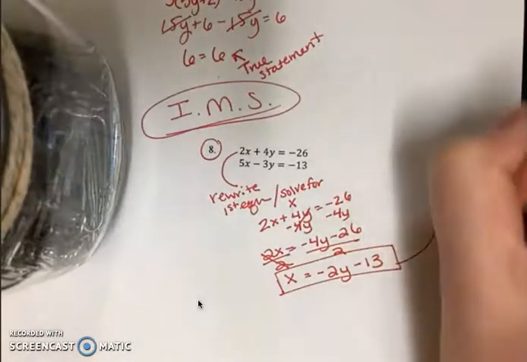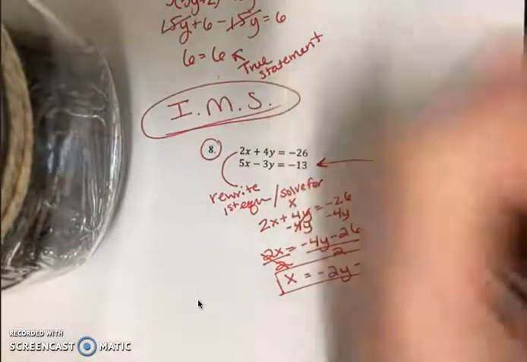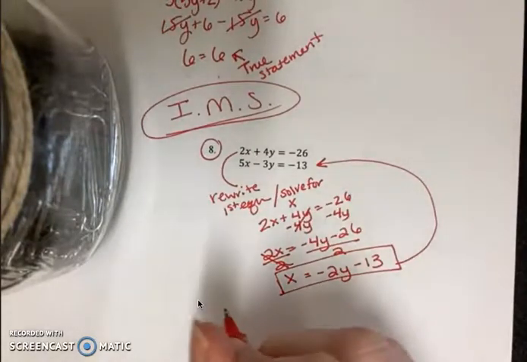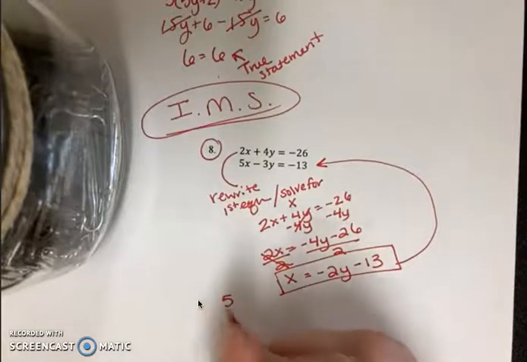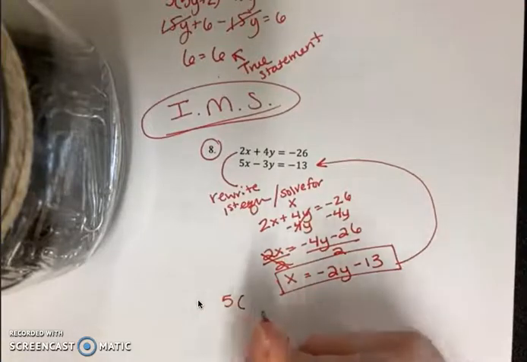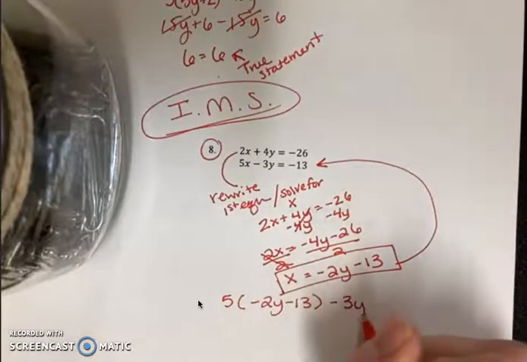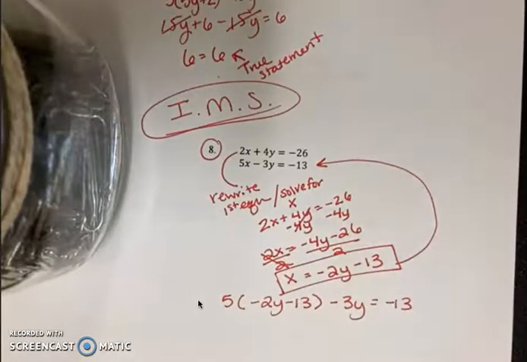I'm going to take this and plug it into the equation that I haven't used yet. So I'm going to plug that into my second equation. 5 times, instead of x, I'm going to put negative 2y minus 13 minus 3y equals negative 13. Distribute the 5.